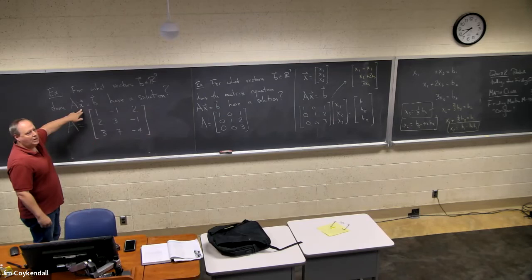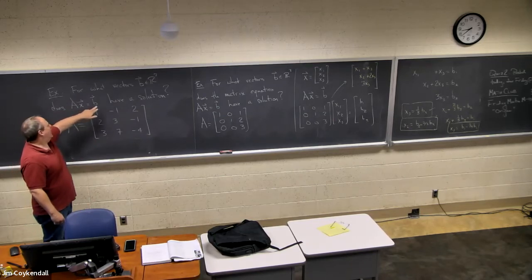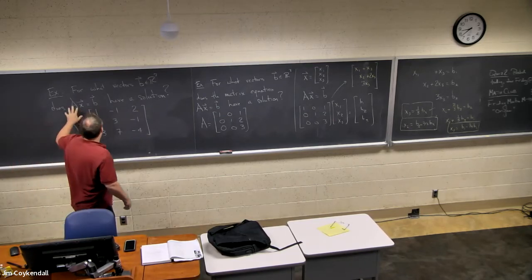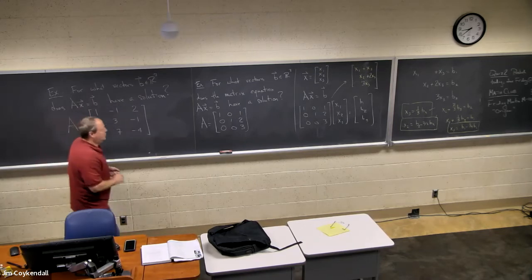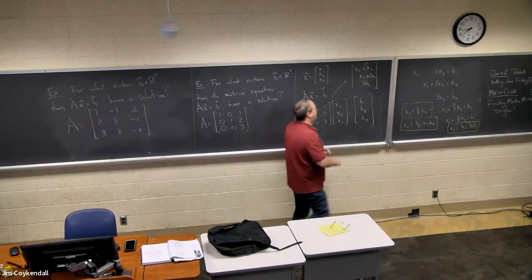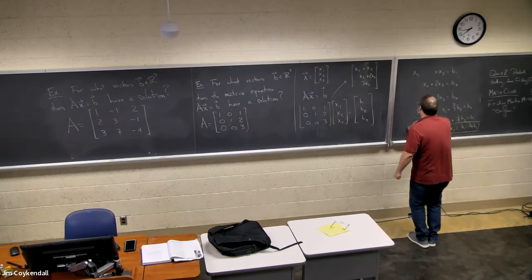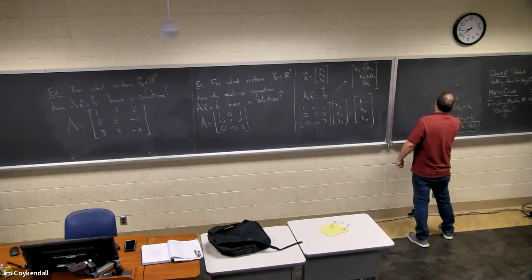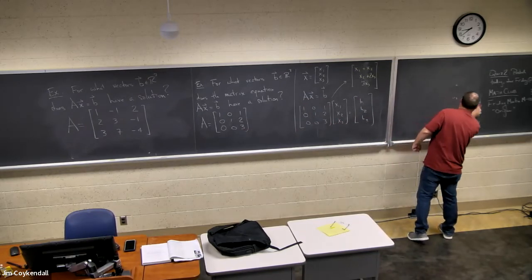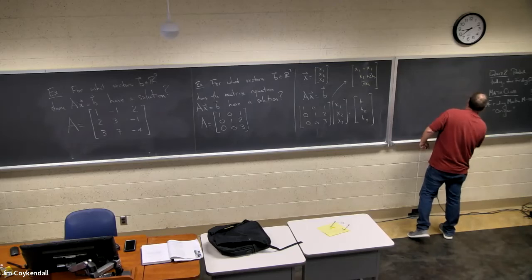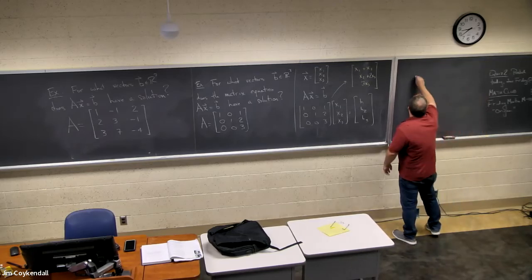By the way, let me ask you all a question. Forget what A is. A doesn't have to be a specific thing. Let's suppose A is a 3 by 3 matrix.